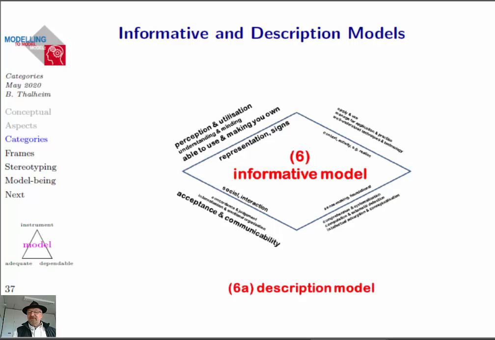For this reason, we have typically with informative models information as a main concern. Information, at least in the anthropomorphic setting, or let's say in the business informatics setting. That means in this case, information are data that are transferred to, received by humans, somehow digested and somehow made your own.